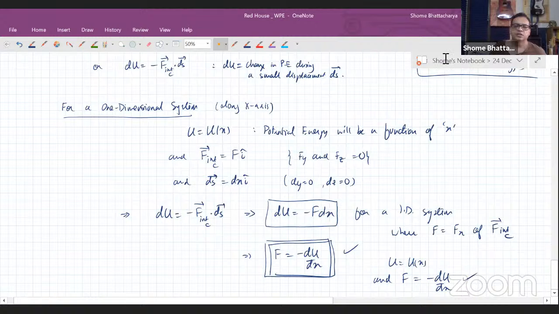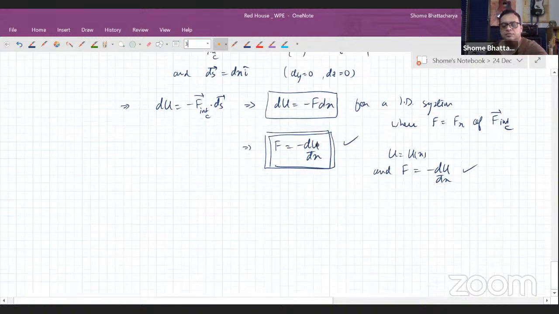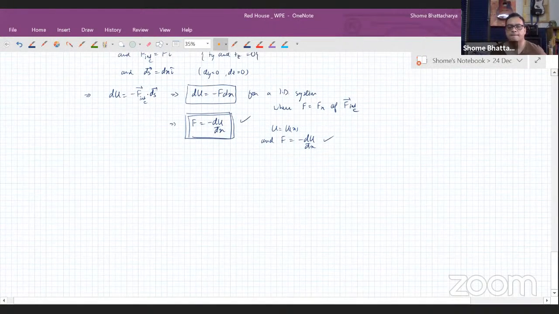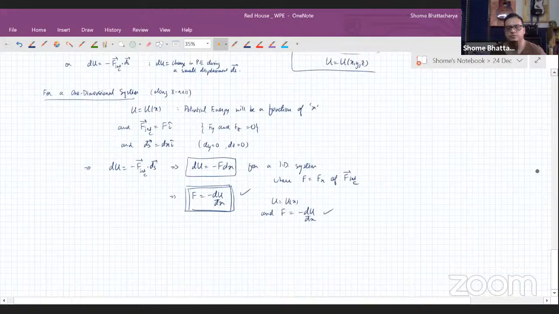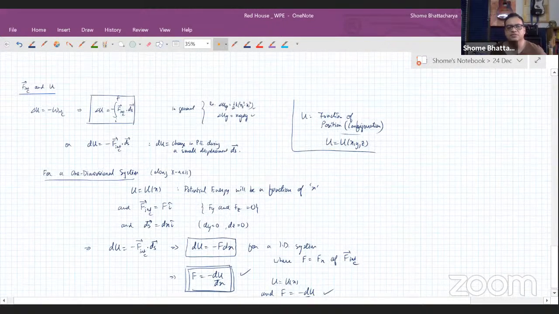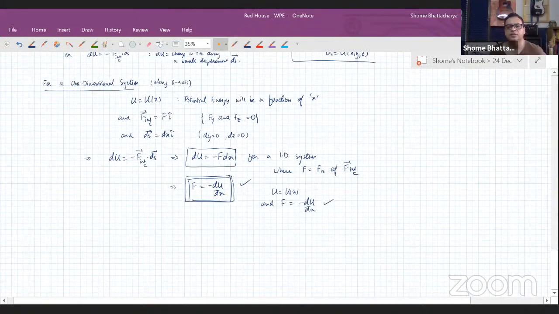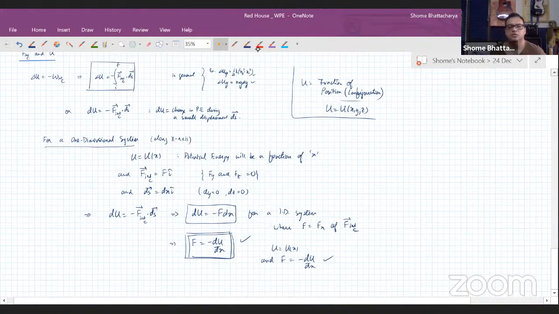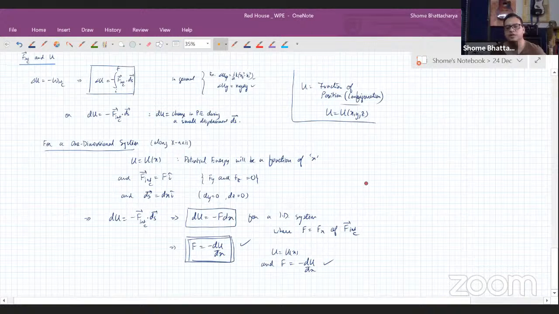So make a note of this first, then we'll discuss more about its applications. So if we know potential energy as a function of x, we can calculate the internal conservative force by using this formula. Okay. So before you note this down, you can also in fact look at an example.